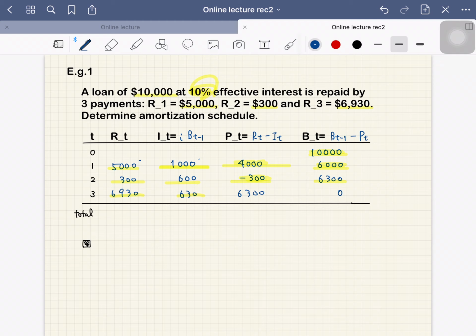So note that the principal repaid totals $10,000, interest repaid is $2,230, and total payment is $12,230. Here, I just want to mention again that the principal repaid may be negative, but still we don't have any problem making the amortization schedule.